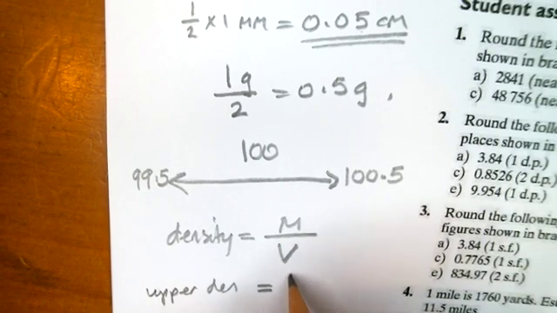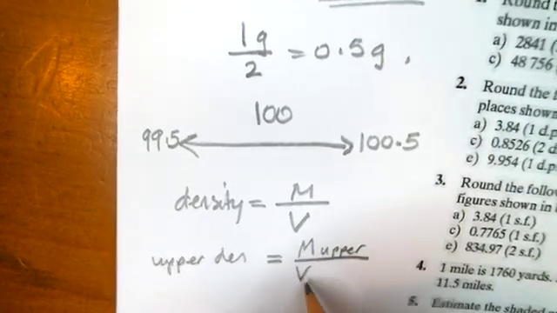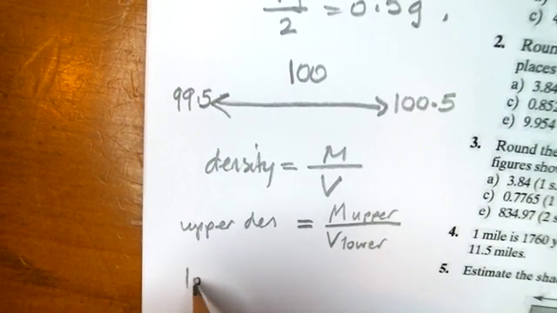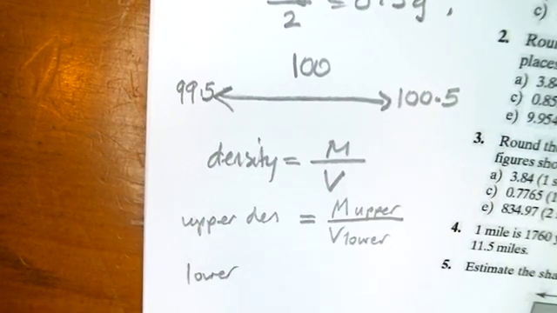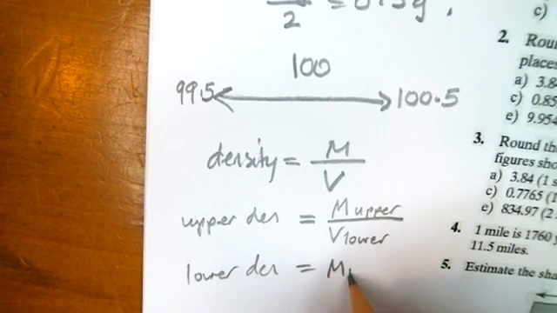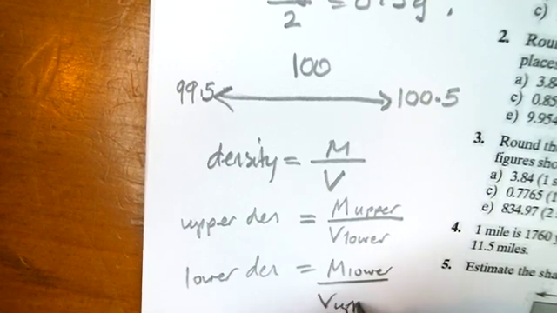So it's going to be the mass upper, and the volume will be lower. And of course, the lower, and this, by the way, is the trend we have to use, the lower density is going to be the mass lower divided by the volume upper.